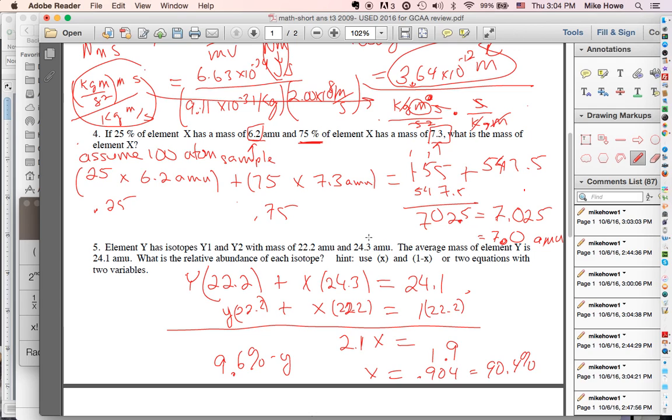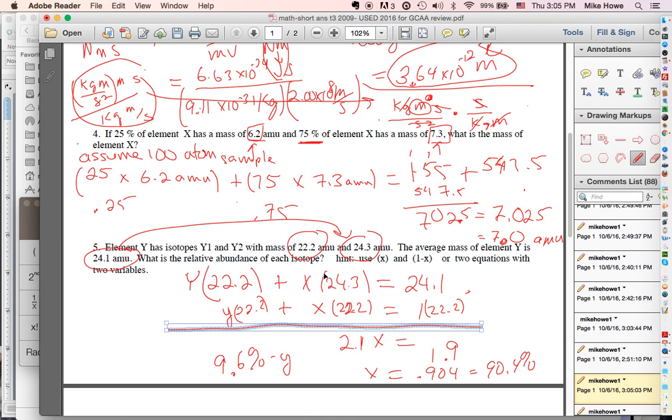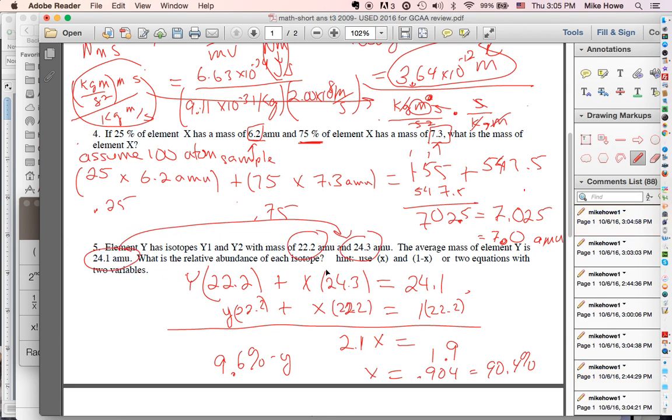We know that you had two isotopes, that weight and that weight. But the average was closer to which one of those? And that's what I defined as x. That particular isotope I defined as x. So there you go, that's x. So x would be 90%, which makes sense because the average is very close to that number.